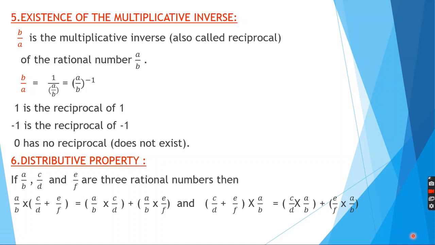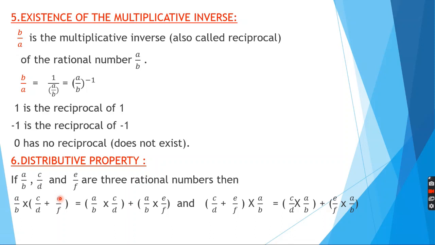Now the next property is the distributive property. If a by b, c by d and e by f are three rational numbers, then a by b into (c by d plus e by f) is equal to a by b into c by d plus a by b into e by f. That is, we are distributing the a by b to the two terms inside.